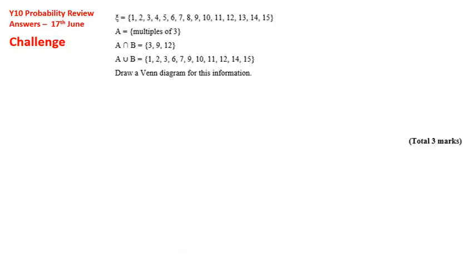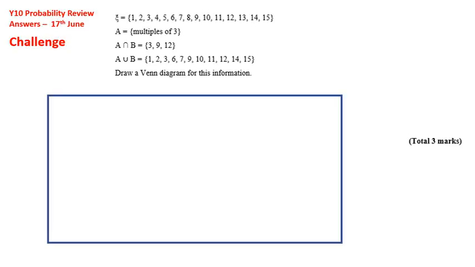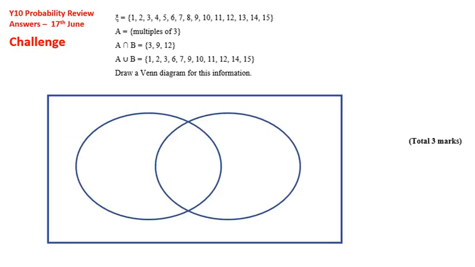In the challenge, we're given this information and we need to draw a Venn diagram for it. We're given a universal set, a set A, and then we're given some information about intersection with B and union with B. So I know that there's a universal set, set A and set B. So first of all, I would draw my rectangle for the universal set and two circles or ovals for set A and set B. Then label set A and set B, the universal set here.